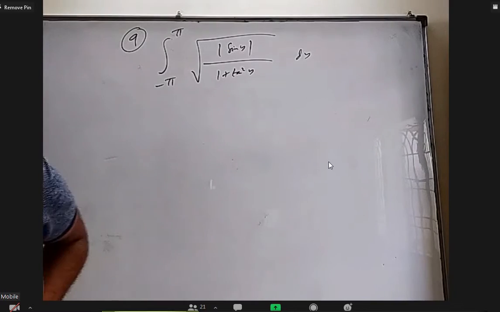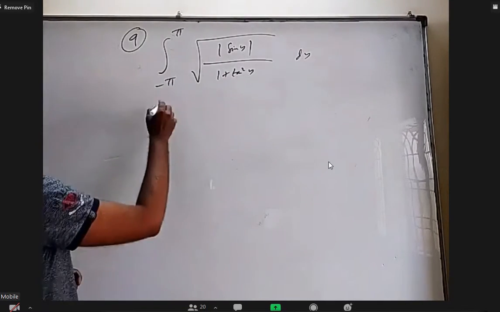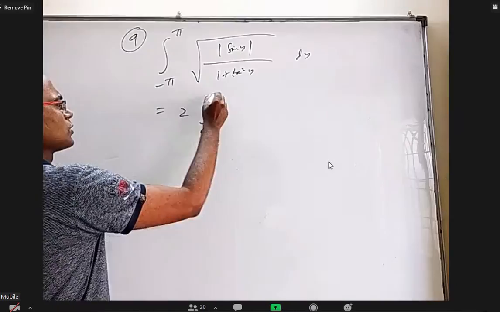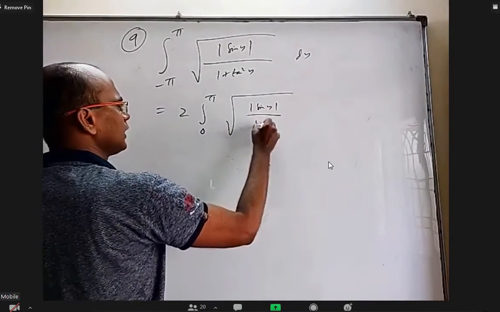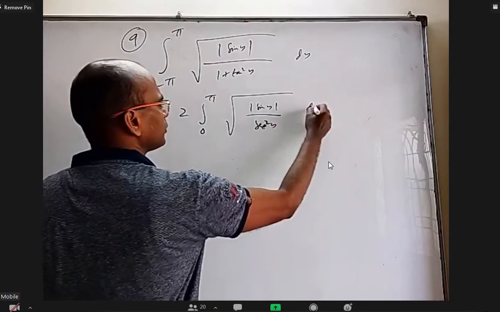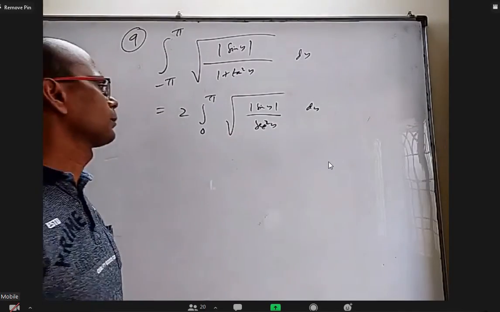Okay, first of all, if I replace y with minus y, no change here, no change here. So I can write it as 2 times integral 0 to pi of square root of mod sin y and the secant square y dy. Okay, this became 2 times 0 to pi.